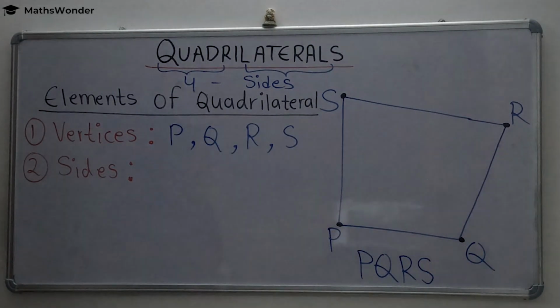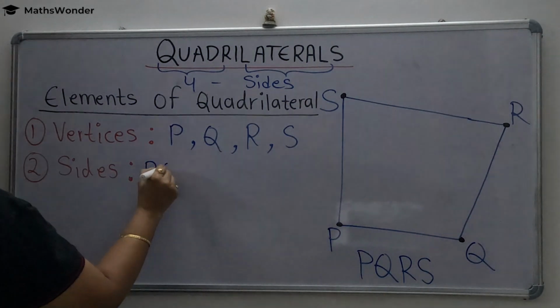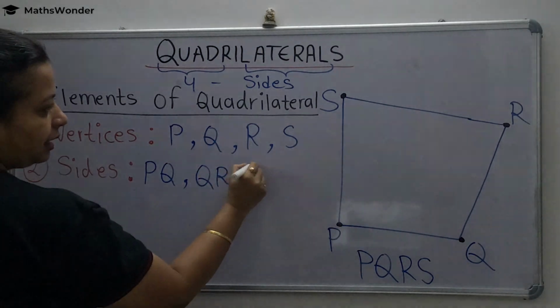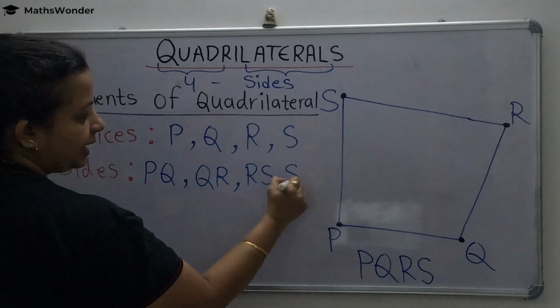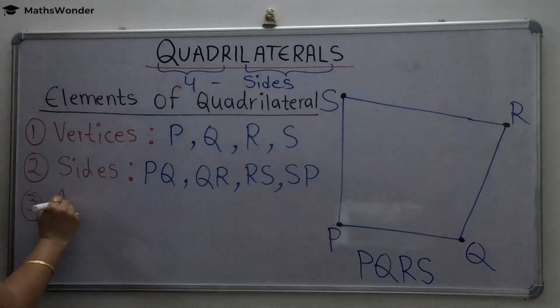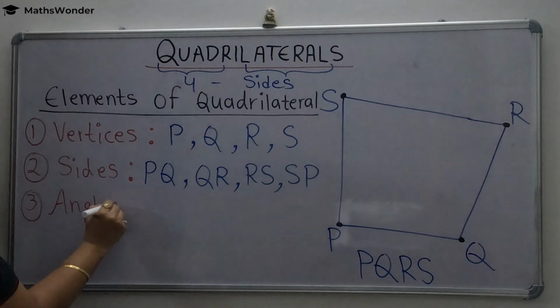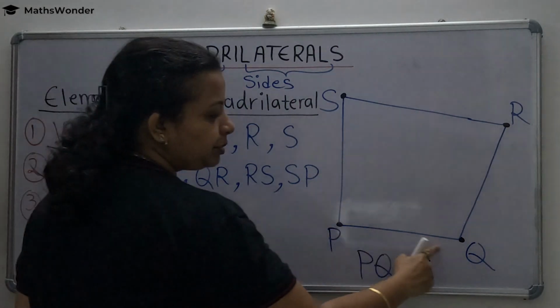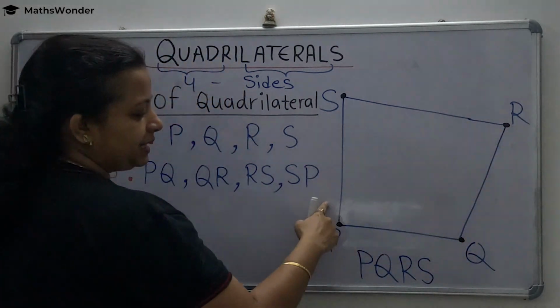There are 4 sides in a quadrilateral, which are PQ, QR, RS and SP. Write it in a cyclic order. Now, the third is angles. So, yes, the sides are PQ, QR, RS and PS.